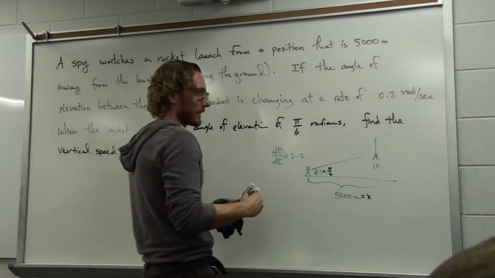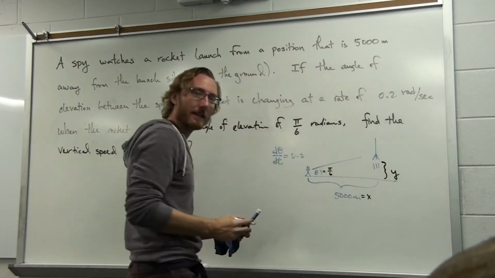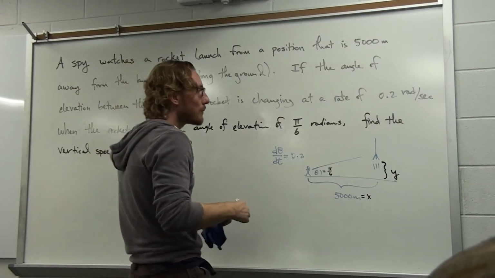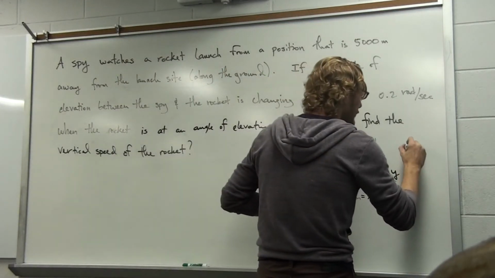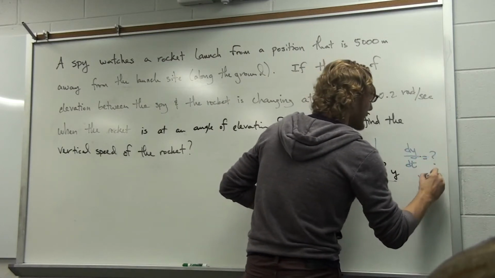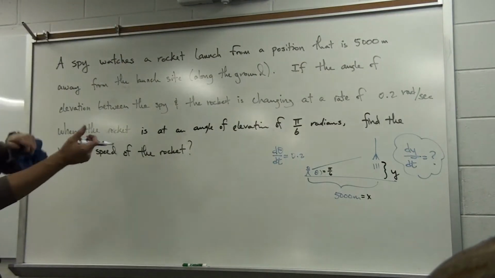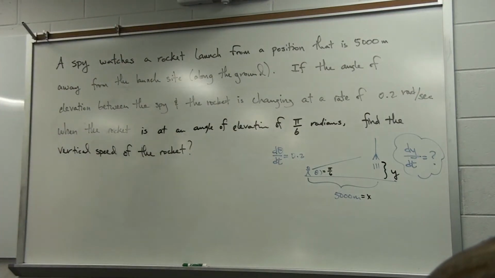Now, vertically, right? We're thinking of this vertically. So let's just call this distance y, the vertical distance. And what we are trying to find is change in y over change in time. We want to know how fast the y is changing with respect to time. And I claim we can totally do it based on the information that we've got here.